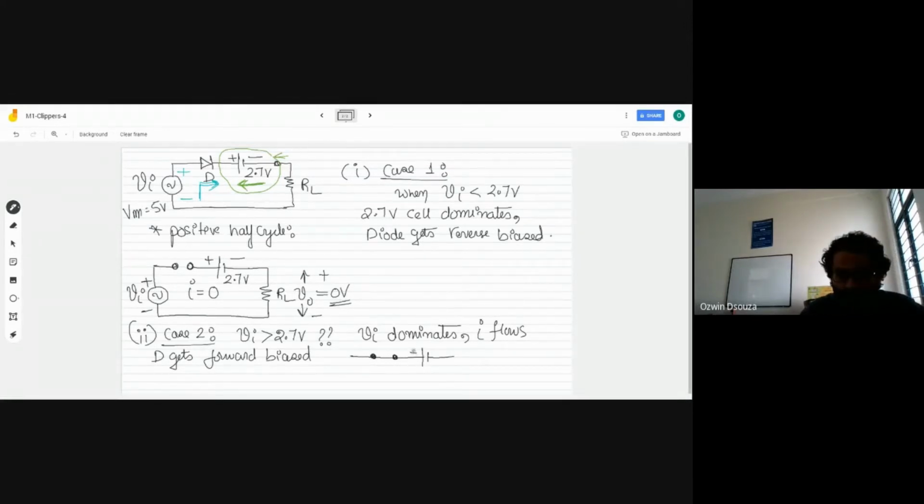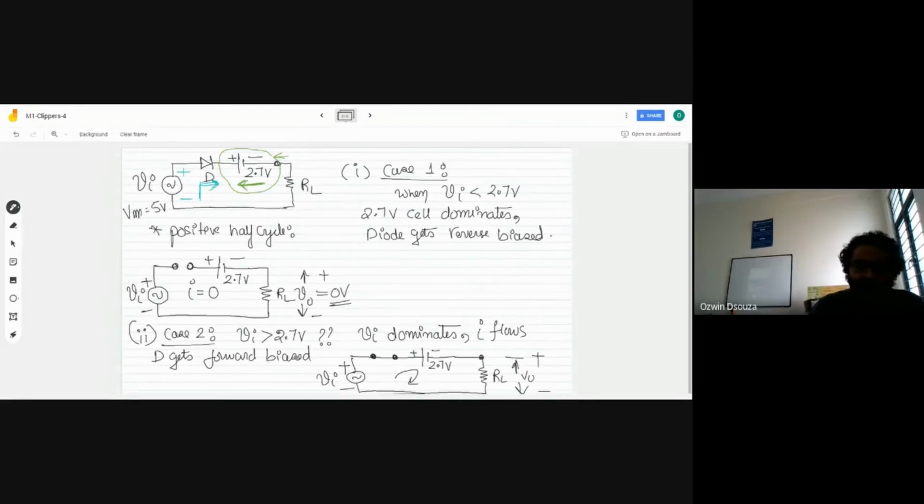So followed by the 2.7 volt cell. And the battery, sorry, the load resistor, the source. This is your Vi, V0, R. So there will be a flow of current.